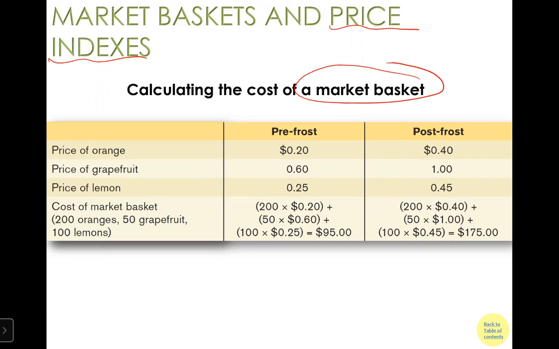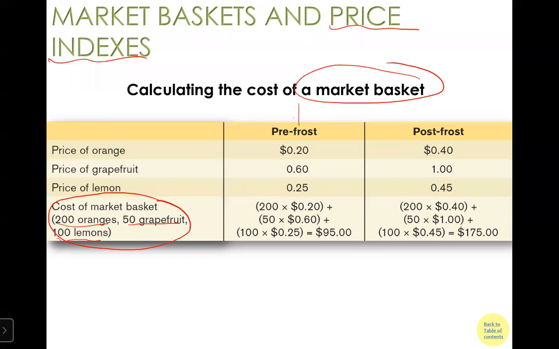Okay, so now back to this example. In this example, the market basket is given here. We construct a market basket that includes 200 oranges, 50 grapefruits, and 100 lemons.